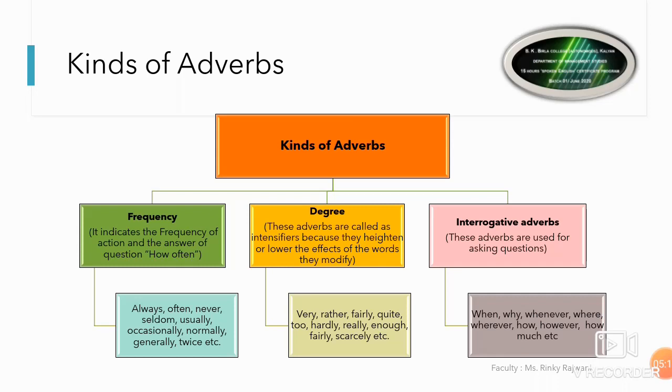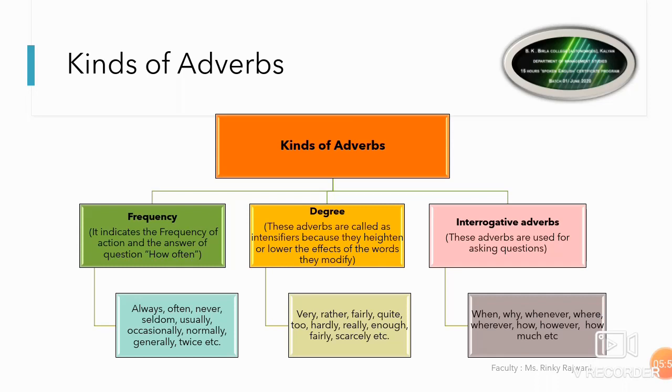Like very, rather, fairly, quite, too, hardly he speaks. Really, he is very honest. So the way in which we heighten or lower the effects of the words is called degree. Hence they are called intensifiers.